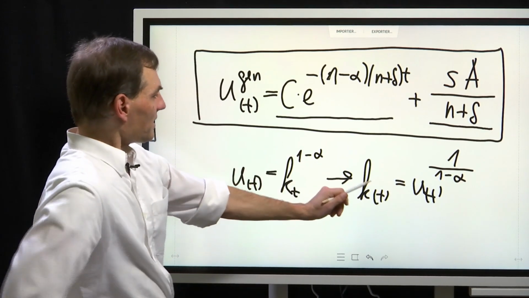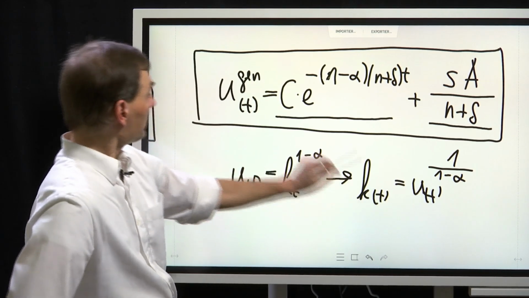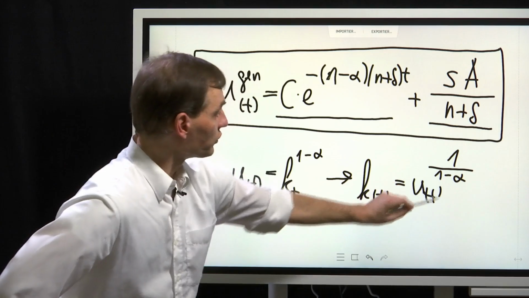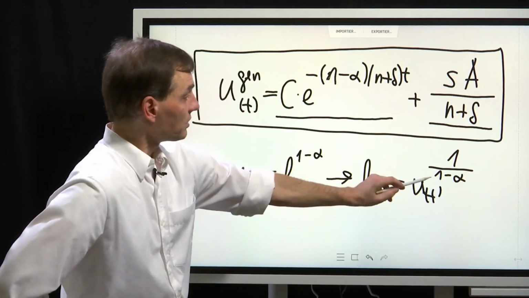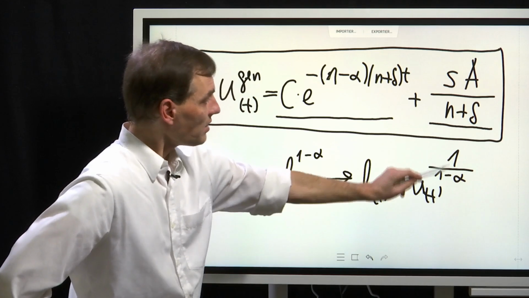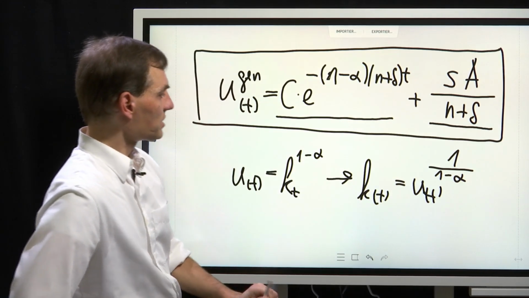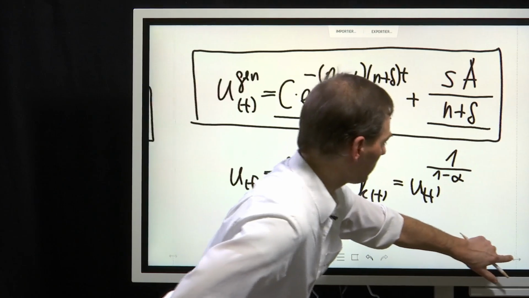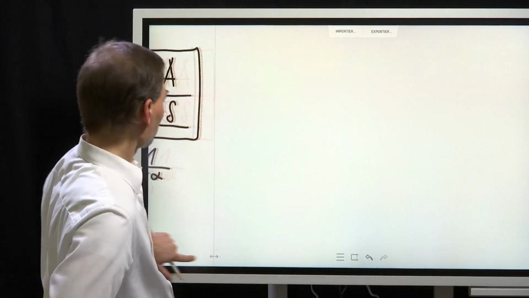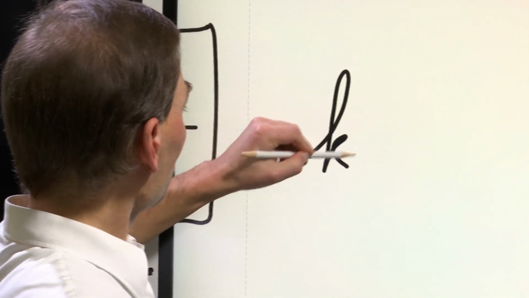So now you see immediately the general solution in respect of k is the solution of u, which we have here. Just in the exponent we have to write 1 over 1 minus alpha. And that gives me the solution in respect of k. So I will do this to finalize this discussion. So now let me write down the final solution in respect of k.